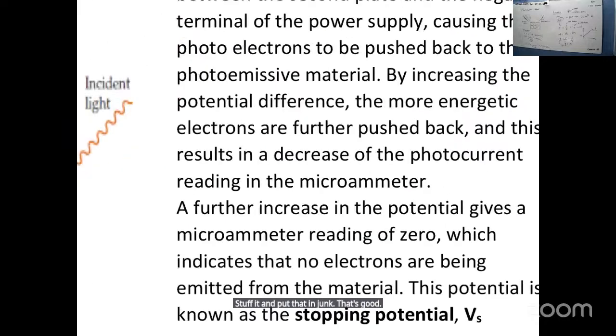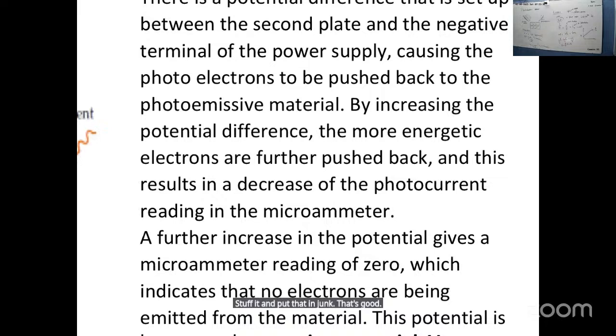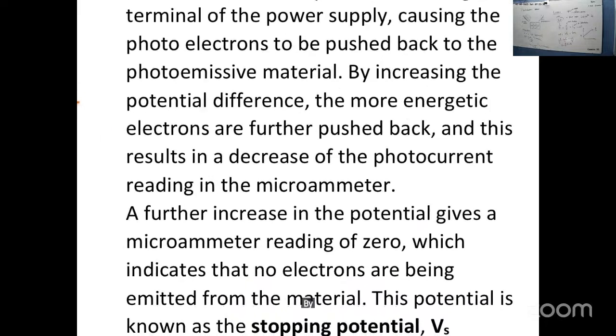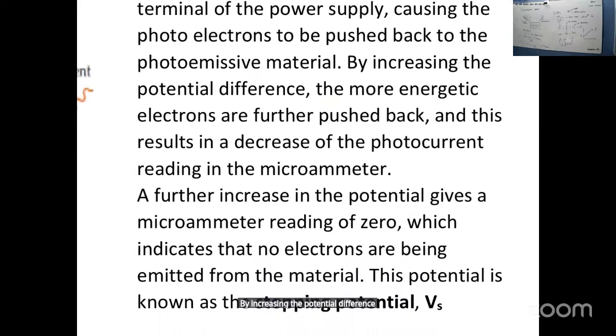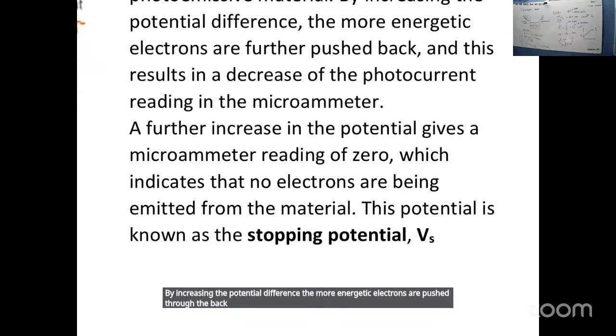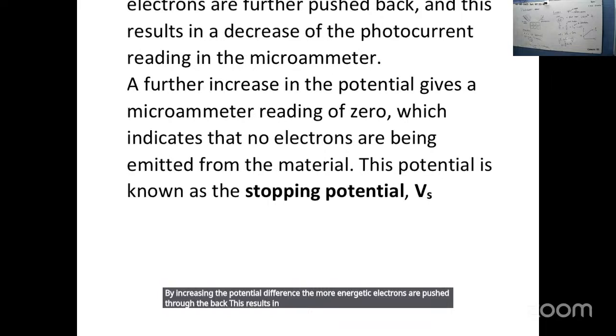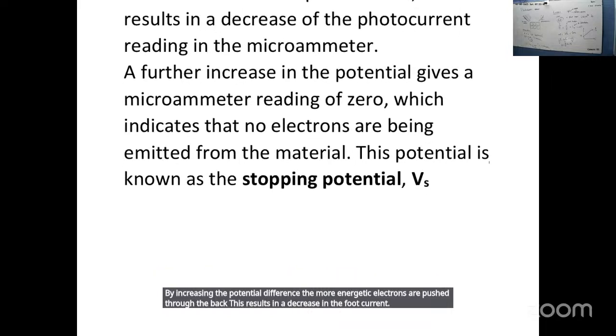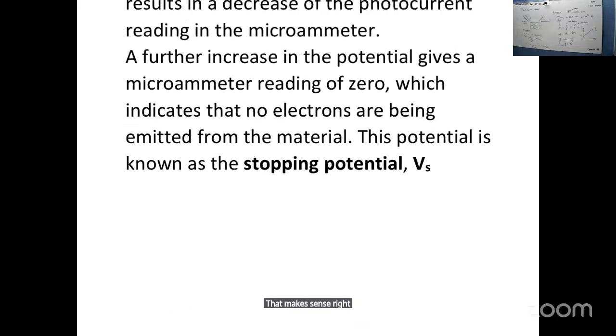I'll read this here for you. By increasing the potential difference, the more energetic electrons are pushed further back, and this results in a decrease in the photocurrent. A further increase in the potential gives a reading of 0, which indicates no electrons are being emitted by the material.